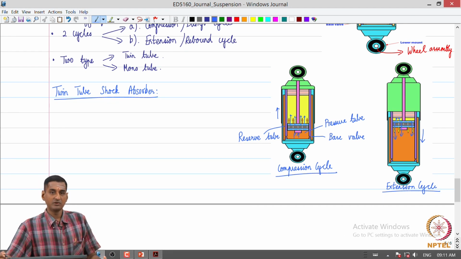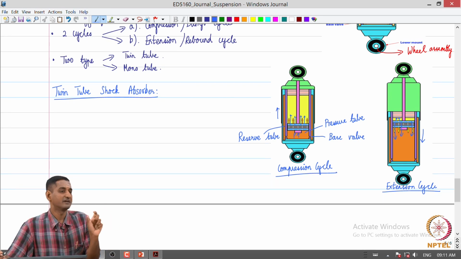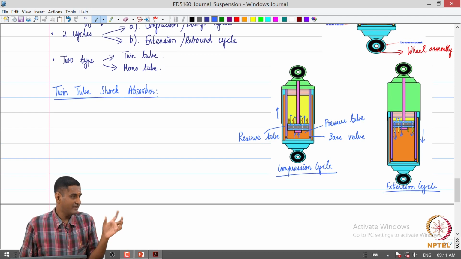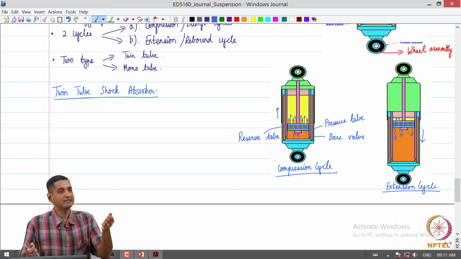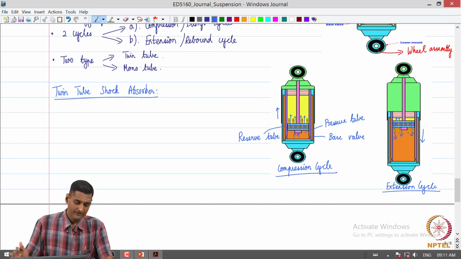The reserve tube acts like a reservoir to store the excess fluid, and even during the extension cycle, fluid is taken from it. So that is what happens in the twin tube shock absorber.